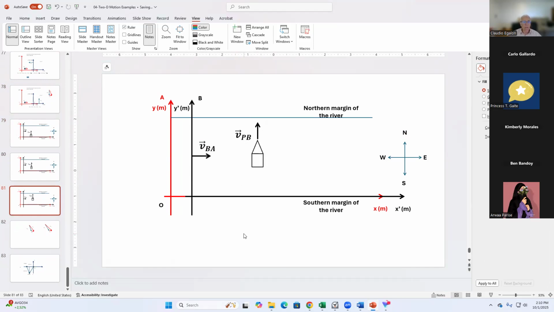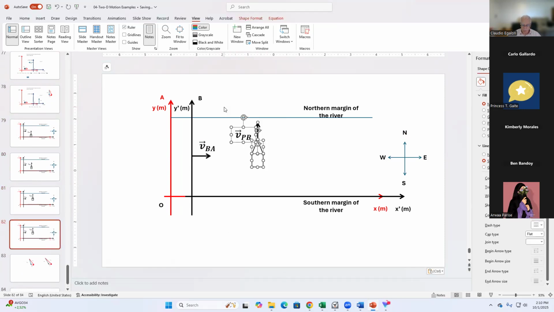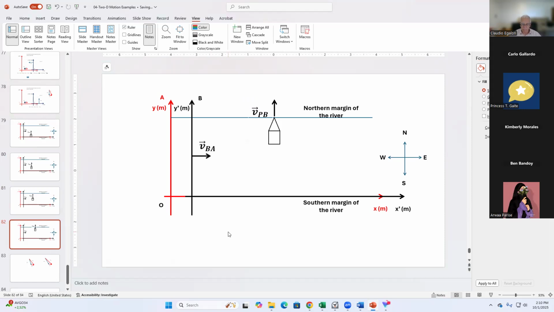And I'm assuming that the velocity of the boat is constant. In the next slide it's going to be something like that.